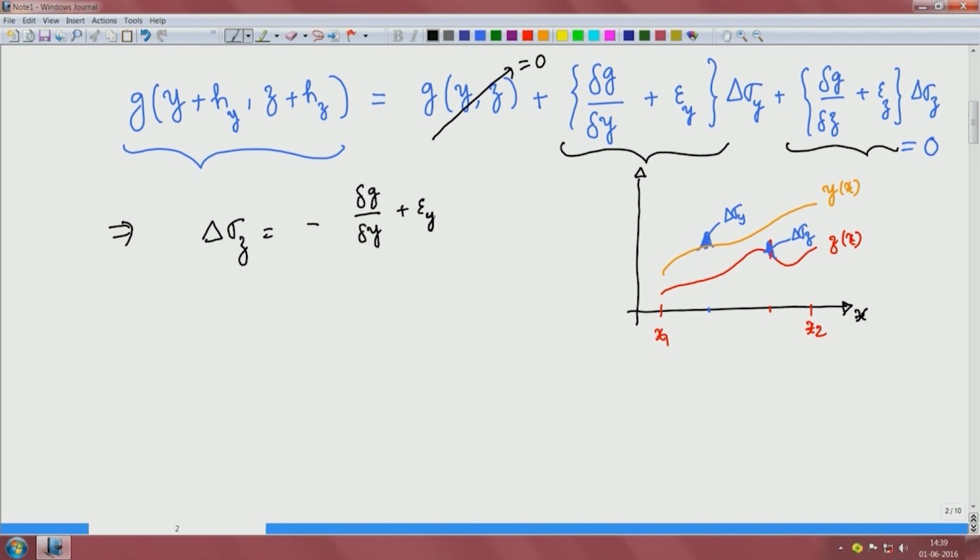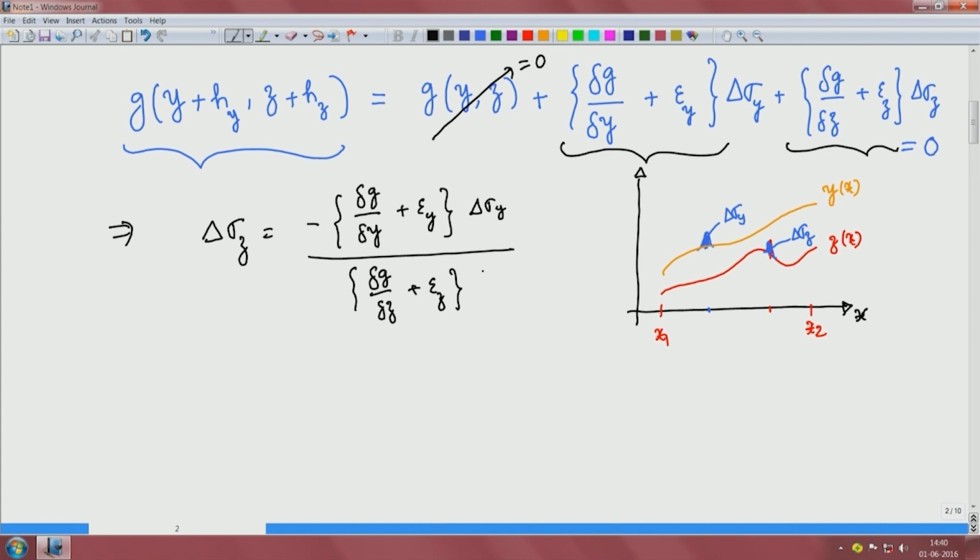For now we can write it like this, later we say the errors go to 0, into delta sigma y and then divided by the variational derivative, this is not y, this is del g del z plus epsilon z.